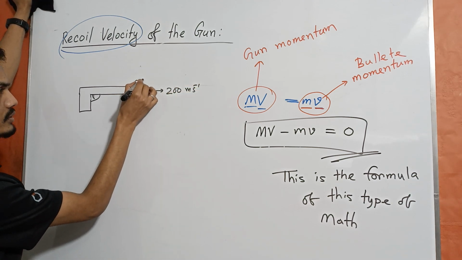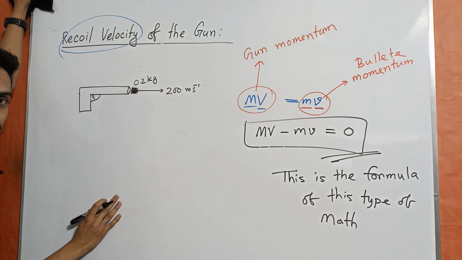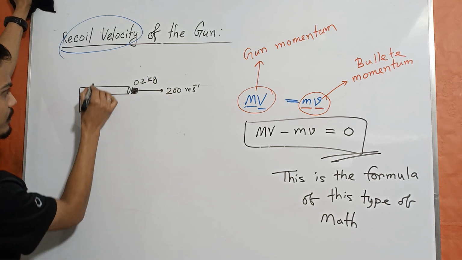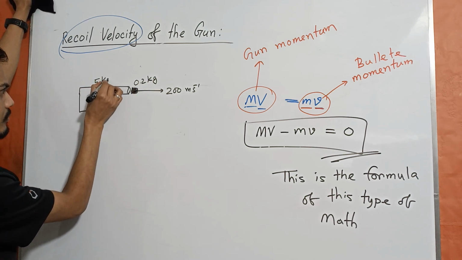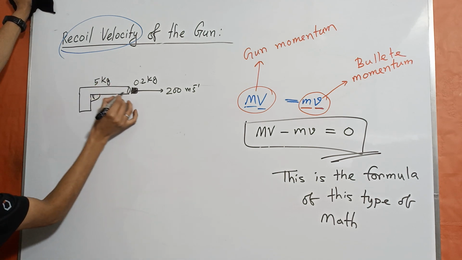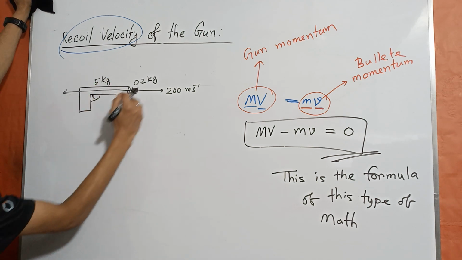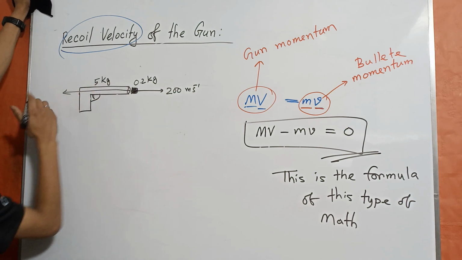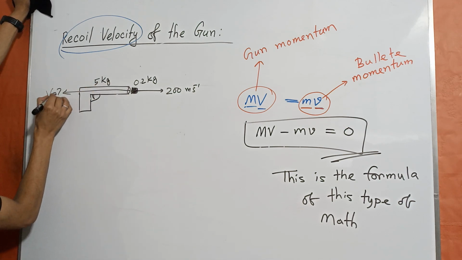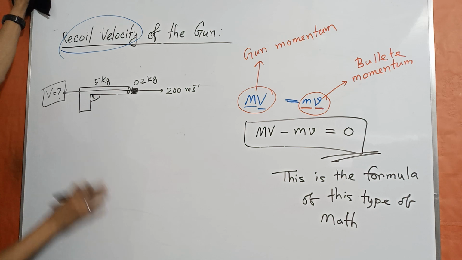The bullet mass is 0.2 kg, and the gun mass is 5 kg. Determine the backward or recoil velocity.